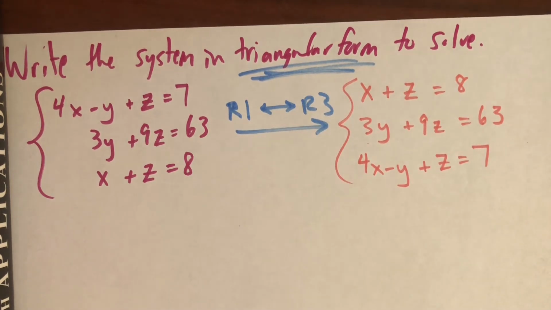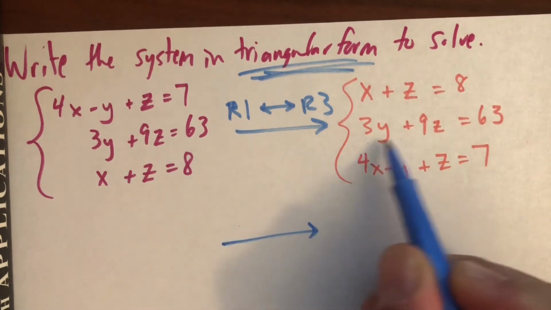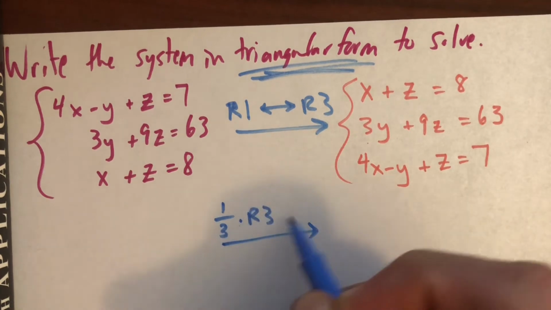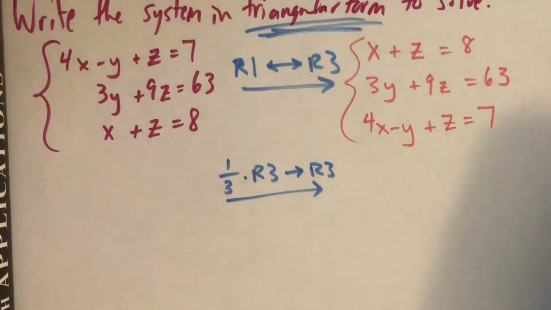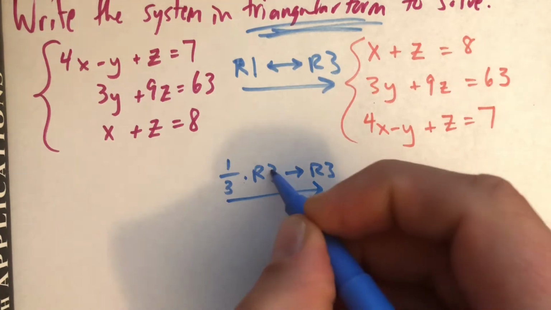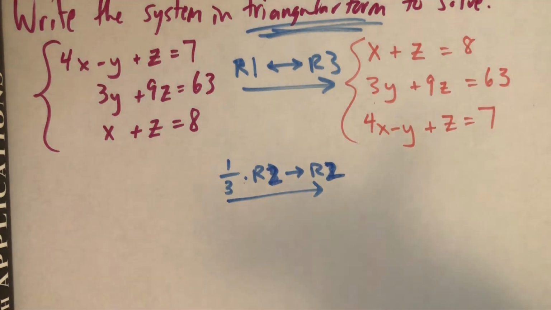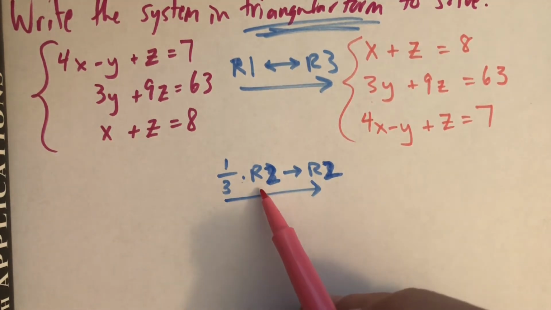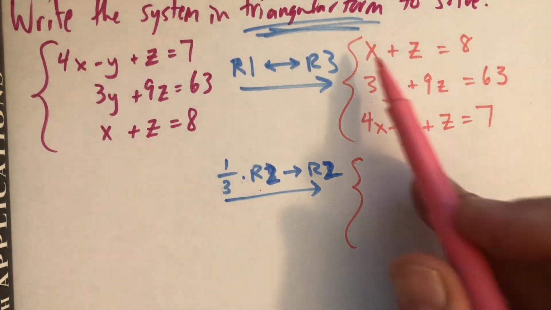So it would be pretty easy for us to just take row 2 and divide it by 3, and put that in place of row 2. Excuse me, I said row 3 earlier, but I meant row 2. Organization is important, and good thing we caught that. All right, so we're taking 1/3 times row 2, and I'm going to put that in place of row 2. Nothing else is going to change. I'm going to leave this one, I'm going to leave this one.